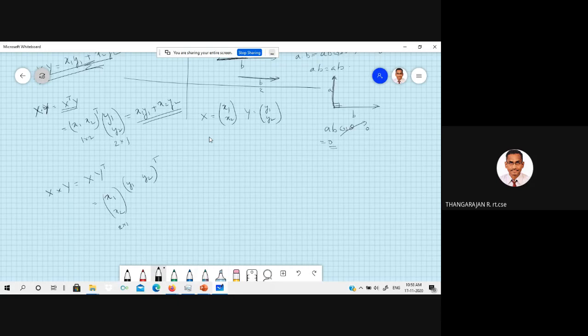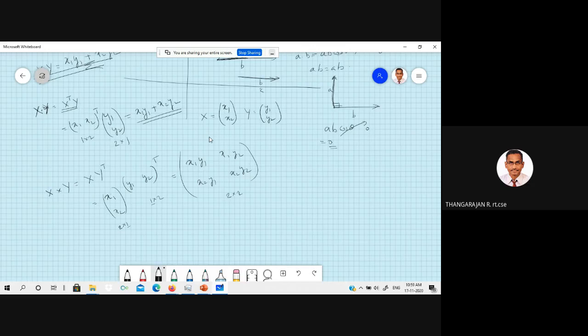So 1 and 1 match, and you can multiply. When you multiply, you get x1 y1, x1 y2, x2 y1, x2 y2. You get a 2 cross 2 matrix. So when you do a cross product between two vectors, you get a matrix as output.